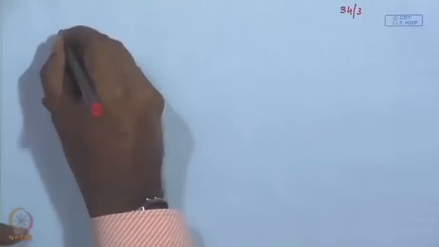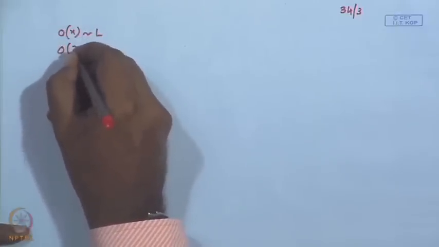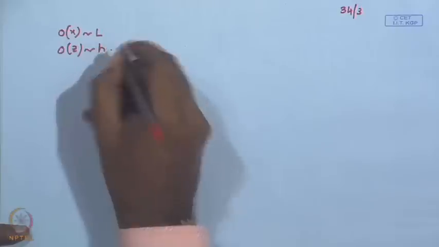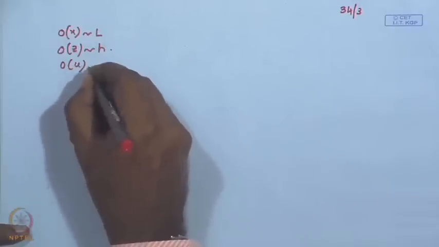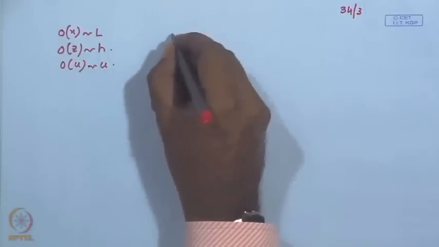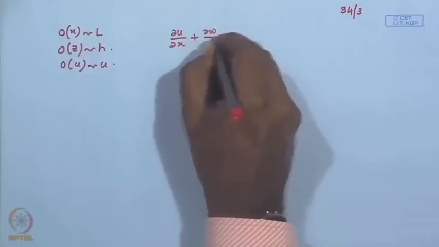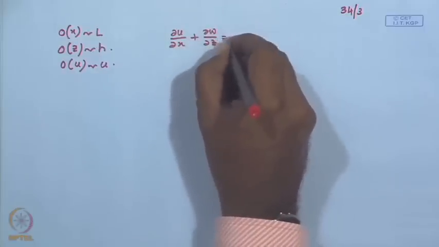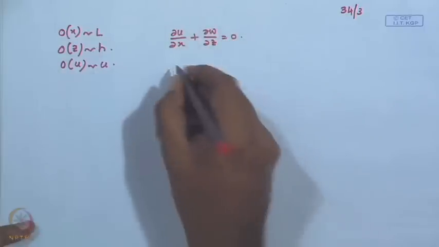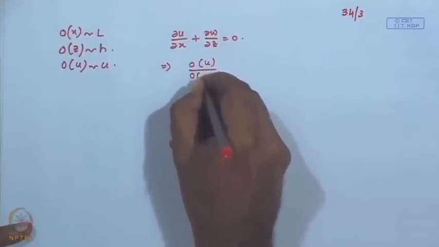What we have is order of x is that of L, order of z is that of H, order of u we have assumed to be the order of u, and then we have this as our continuity equation.